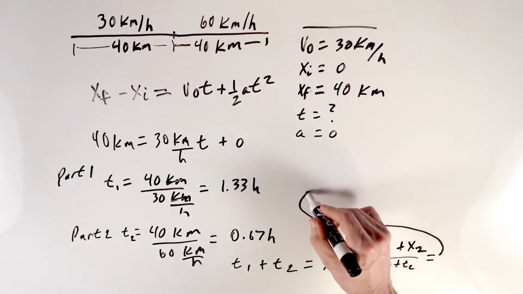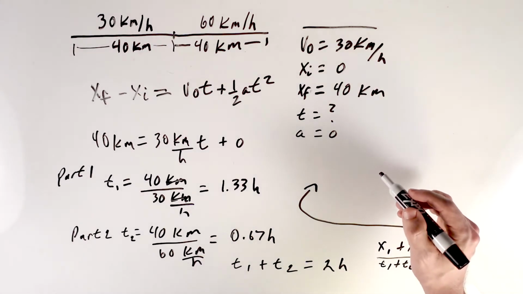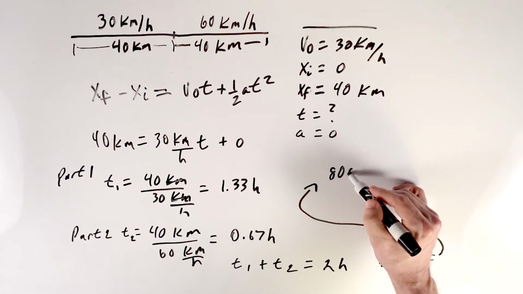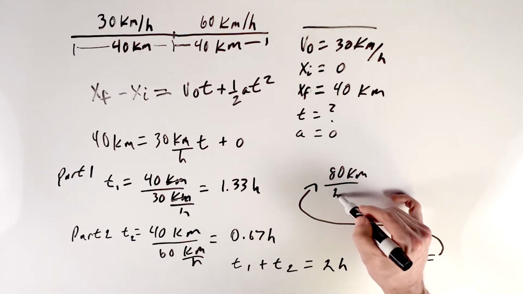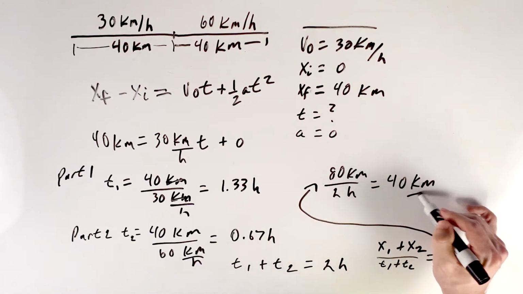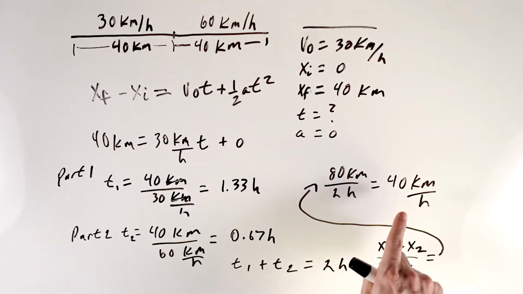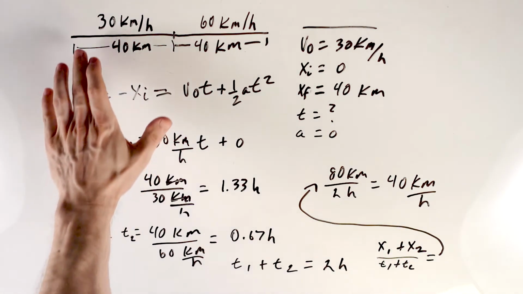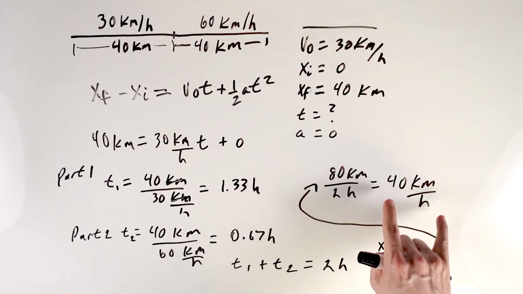I'm going to move this back over here because I'm running out of space. So you should get 80 kilometers divided by 2 hours. So you get 40 kilometers per hour. So this is the average speed. Since we were moving in this direction along the positive x-axis, this is basically the answer for part A.